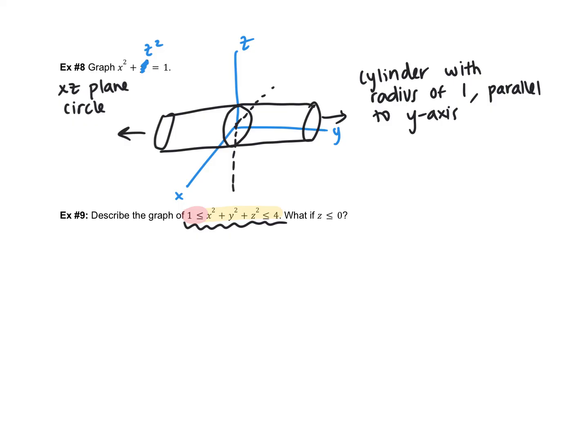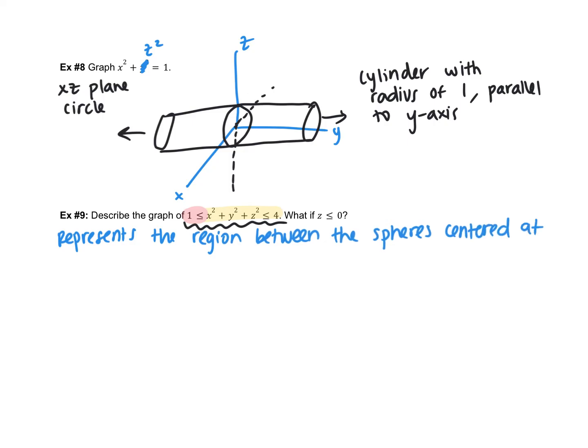So putting that into words, we are going to say that this represents the region between the spheres centered at the origin with radii of 1 and 2. Or you can say it's a sphere with a center cut out.